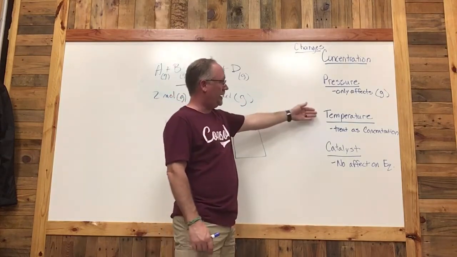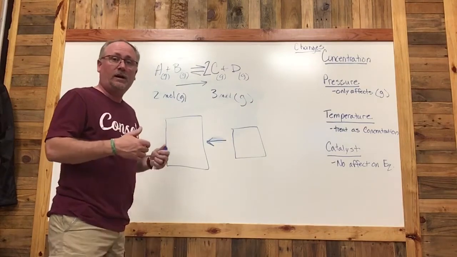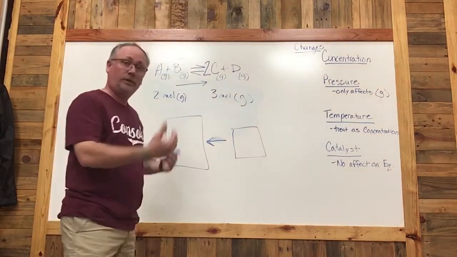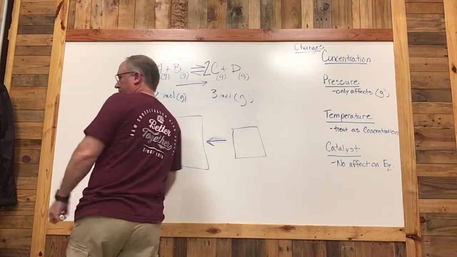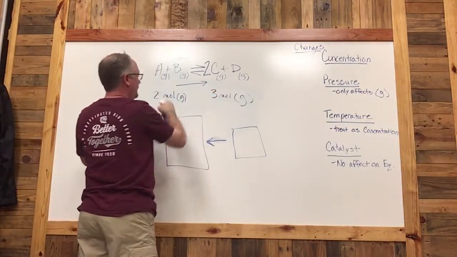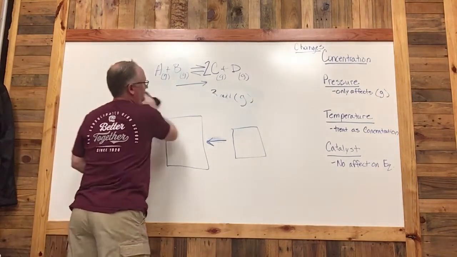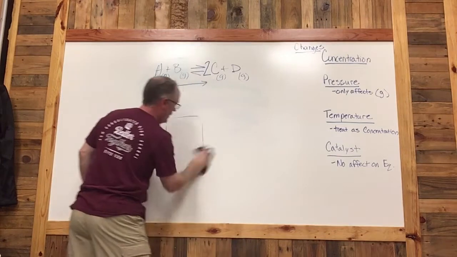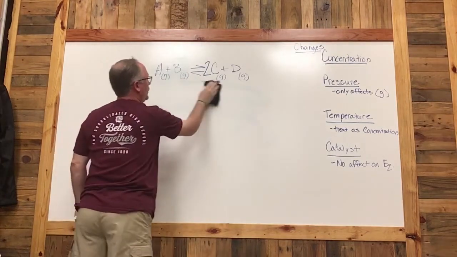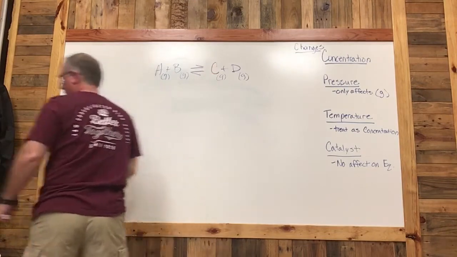Let's see. Temperature. Temperature only affects things that have changes in heat associated with it. So endothermic or exothermic reactions. So let's take this off real quickly. If I take this off, and I just look in terms of pressure, let's say I go back to my kind of 1-to-1 ratios here.